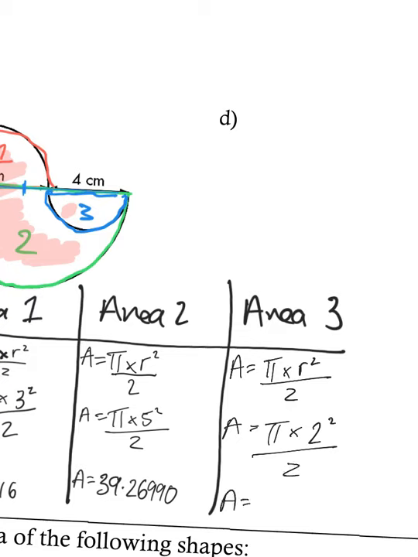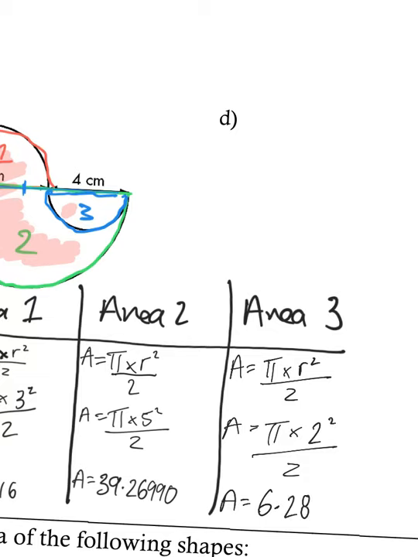I'll do that with my calculator. On 2. Okay, my answer for that is 6.28318.